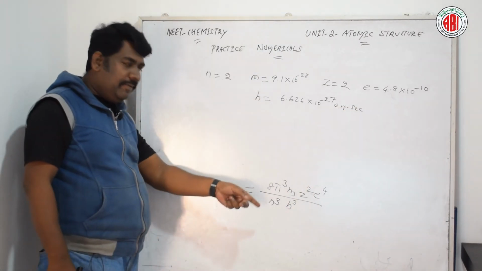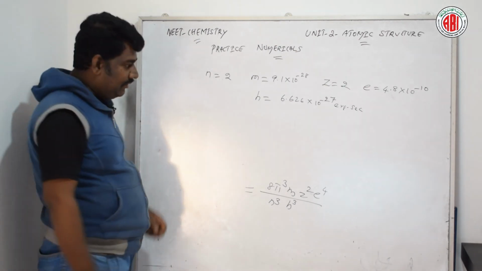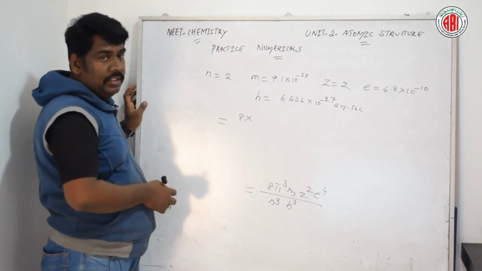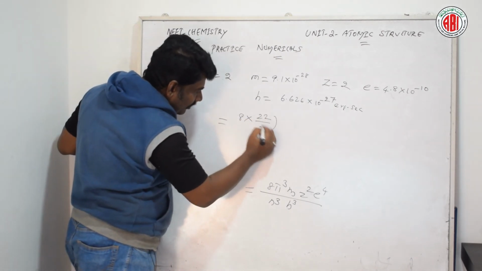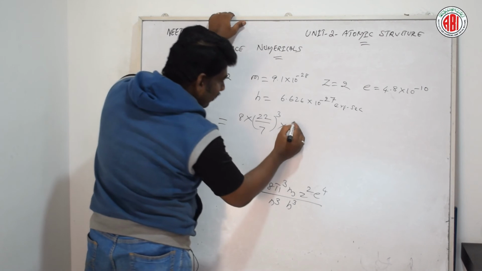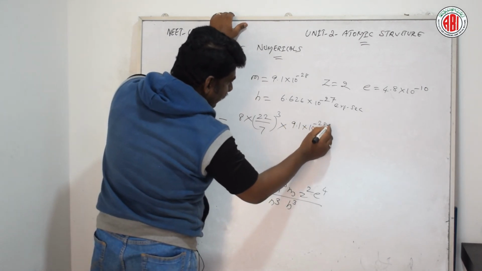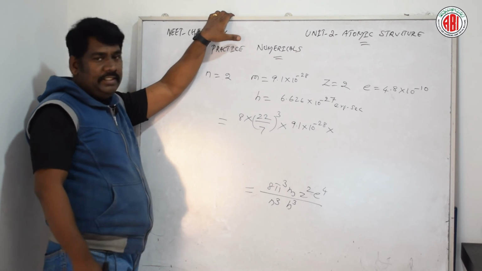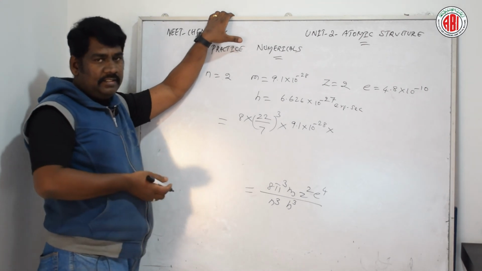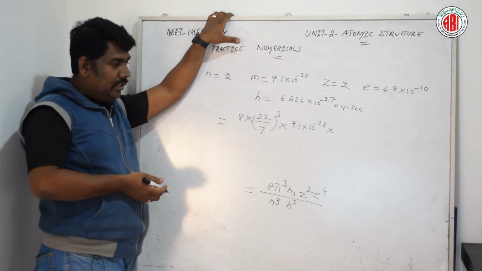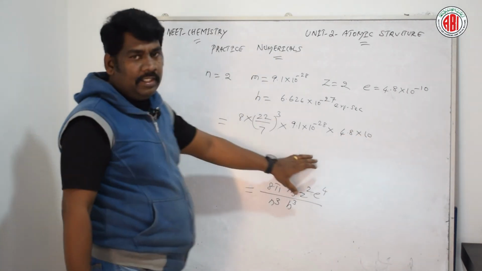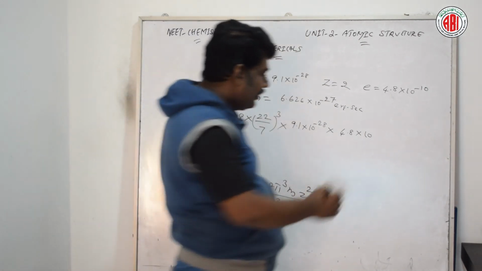Applying all the values in the formula, first 8 pi cube, that is 8 into pi value, 22 by 7, whole cube, into m, the mass of the electron, 9.1 into 10 to the power of minus 28, into z square, that is 2 square. Similarly, the electron charge to the power of 4 is written as 4.8 into 10 to the power of minus 10, to the power of 4.